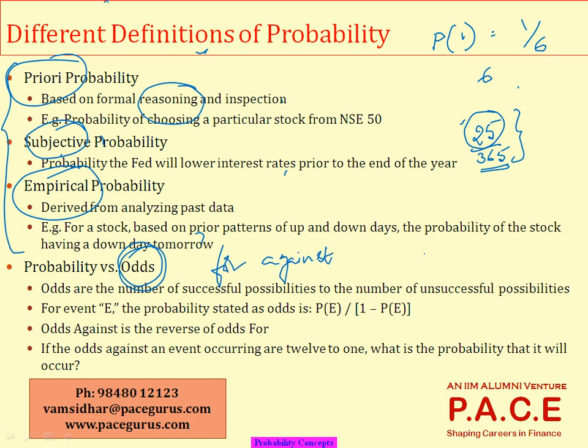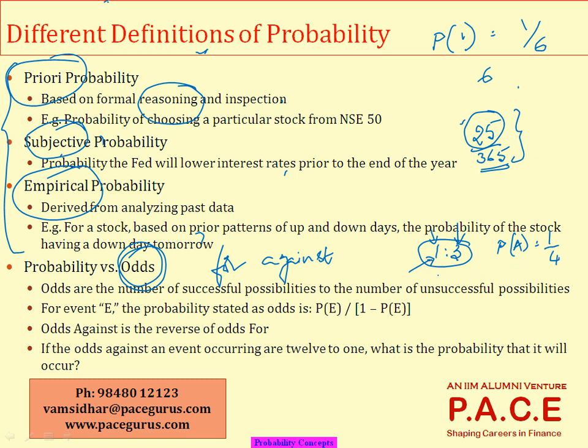Whenever I talk about the odds for being 1 is to 3, it means if there is one chance of occurrence of an event, there are 3 chances of non-occurrence of the event. So the total events look like 4. Out of that, 1 is a possibility. So if I have to convert it into the probability of occurrence of that event, I'll say 1 by 4.